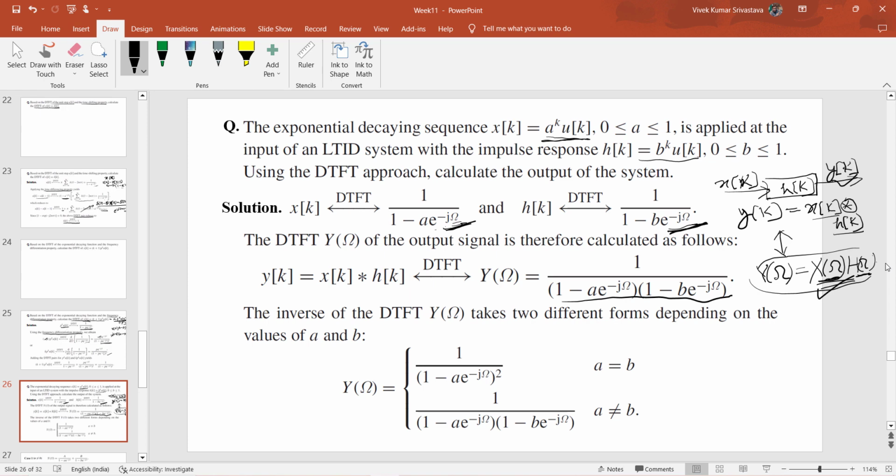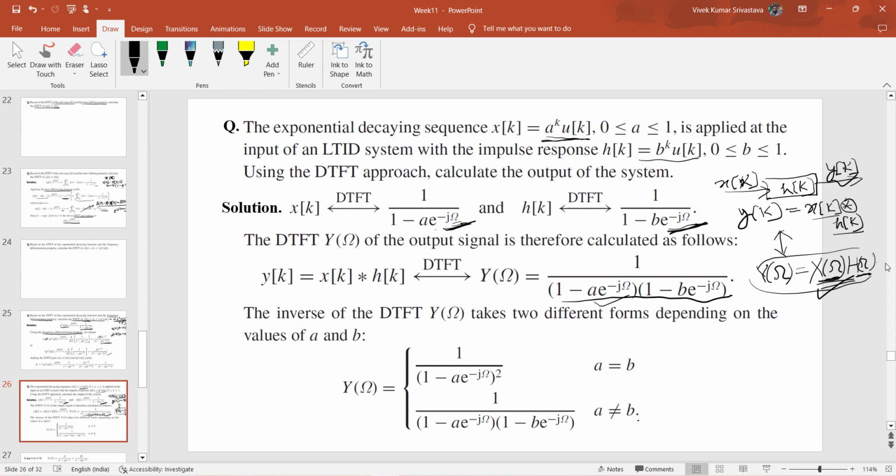The first case is when a is equal to b. In this case the transfer function will be 1 over 1 minus a e raised to the power minus j omega, the whole raised to the power 2. Whereas when a is not equal to b, this expression will remain the same.